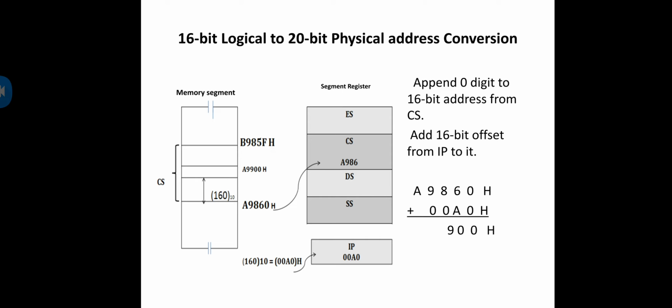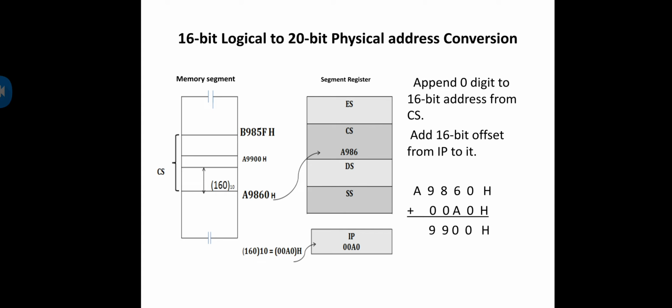By adding the carry to the 8, 8 plus 1 becomes 9. 9 modulus 16 is 9, and 9 divided by 16 is 0. So 9 plus carry 0 is equal to 9. 9 modulus 16 is 9. By adding carry 0 to A, we get A. A modulus 16 is A, and A divided by 16 is 0.